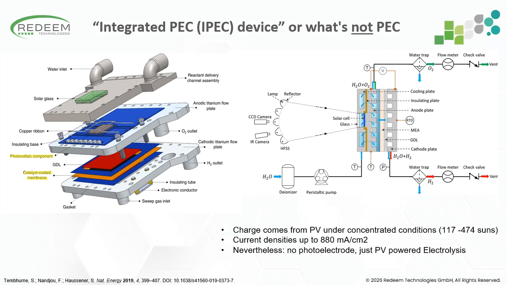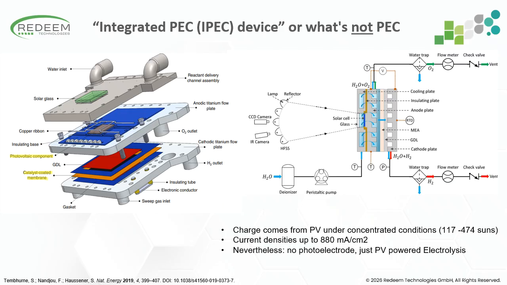However, from a reactor engineering perspective, I think this should be classified as photovoltaics-powered electrolysis rather than true PEC. The light energy is first converted into electricity inside a PV module and only then drives electrolysis, and the photovoltage is therefore generated by a solar cell and not by a photoelectrode that directly participates in the electrochemical reaction.